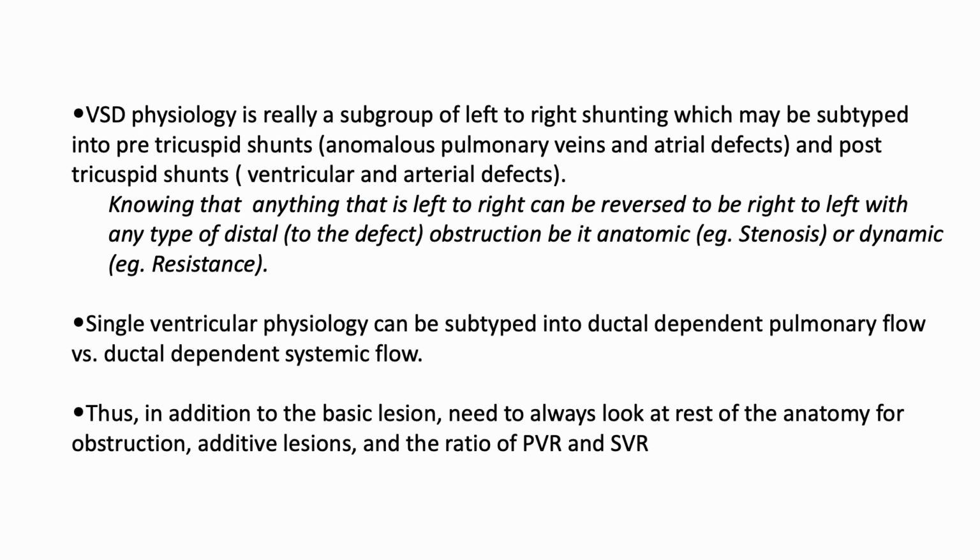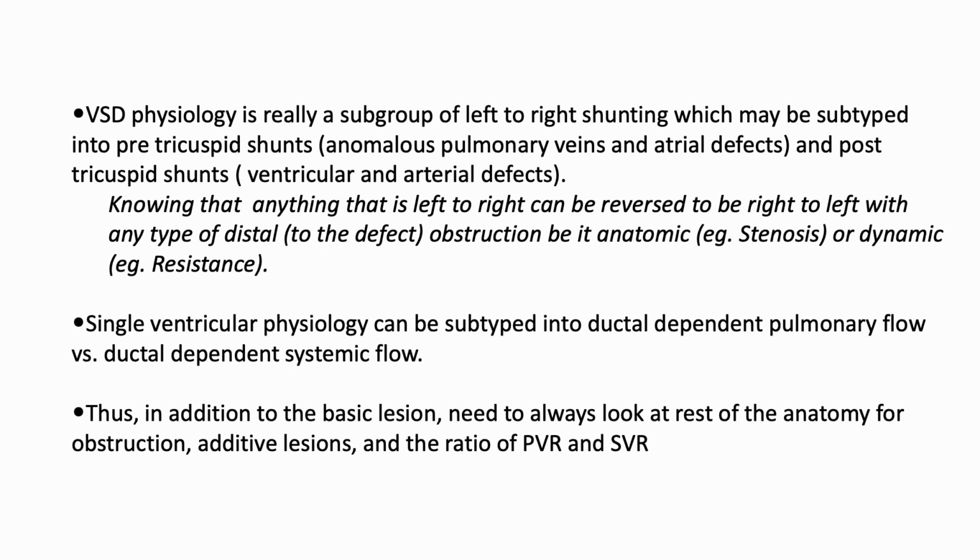So VSD physiology, like I said, is really a subgroup of left to right shunting, which may be subtyped into pre-tricuspid shunts, so that basically means anomalous pulmonary veins or atrial defects, and post-tricuspid shunts, the ventricular and arterial defects. And knowing and understanding that anything that is a left to right shunt can reverse to become a right to left shunt if there is any type of obstruction distal to the defect.